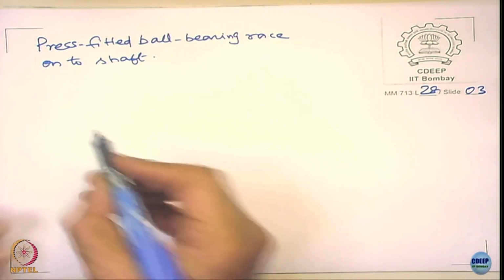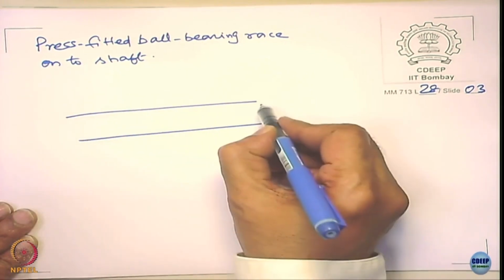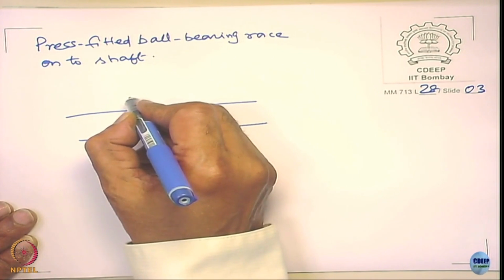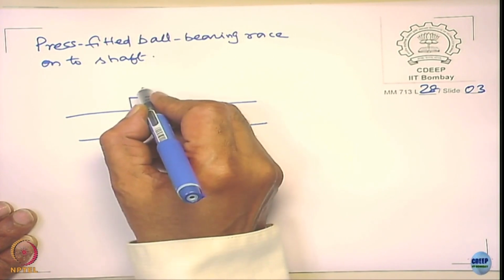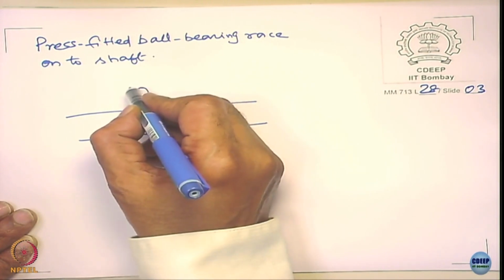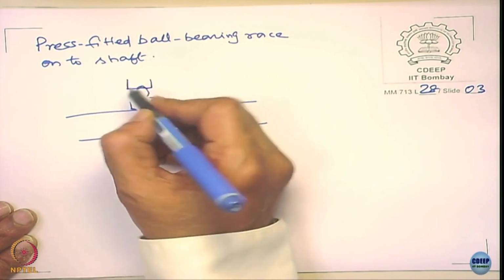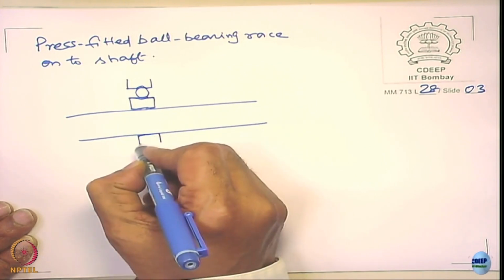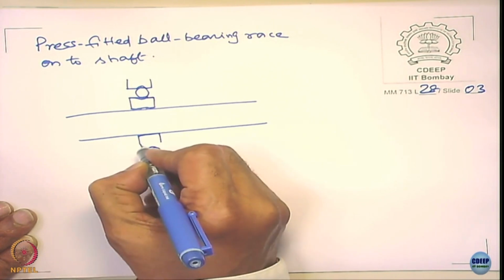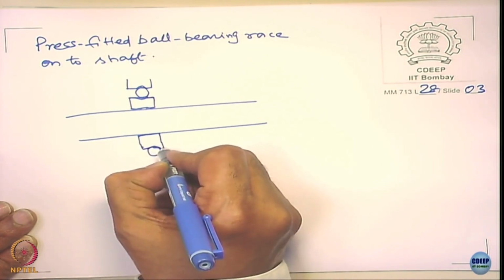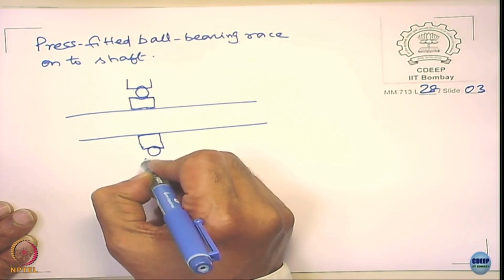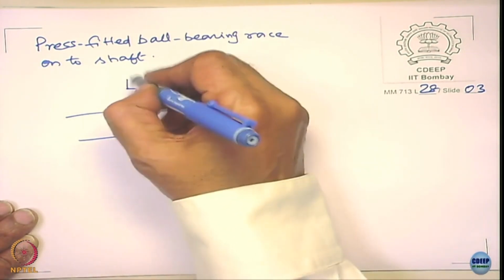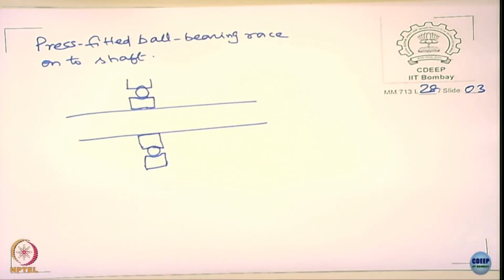Suppose you have a shaft, for example, you may have a shaft here, and right, this is the sectional view of a bearing, right.